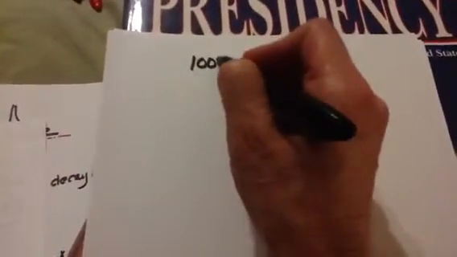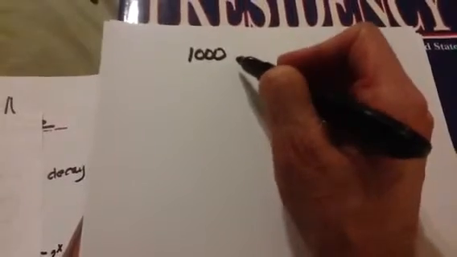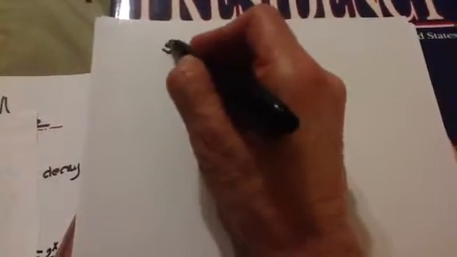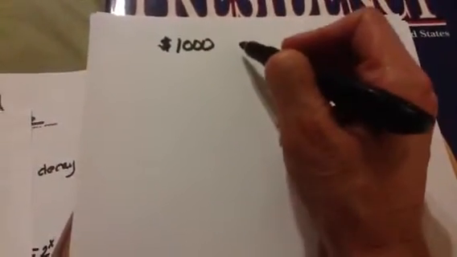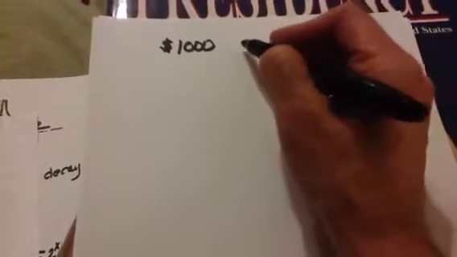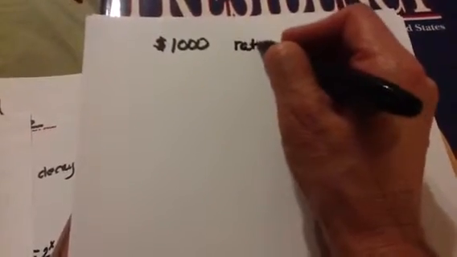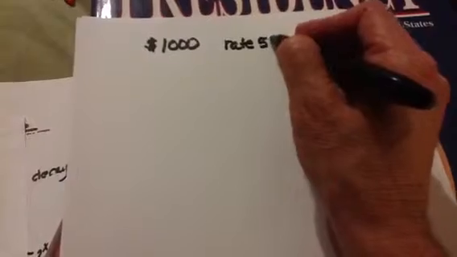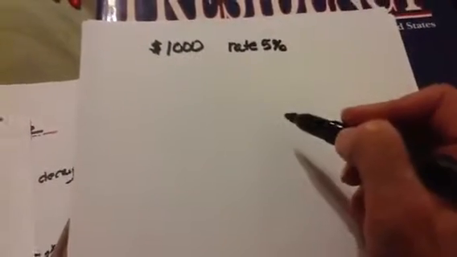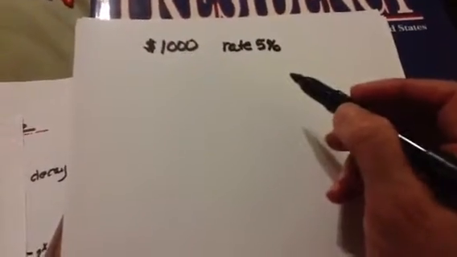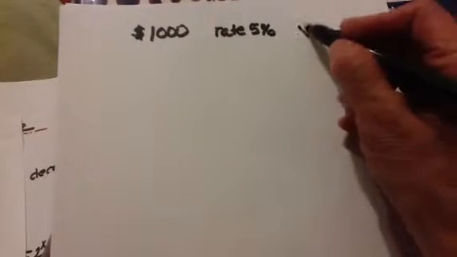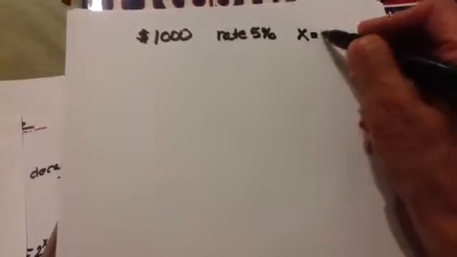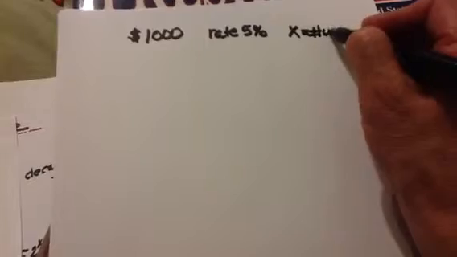So let's say we've got $1,000, and we're going to put that $1,000 into an account that earns an interest rate of, let's say, 5%. And we're going to leave it in for x number of years. x equals number of years.